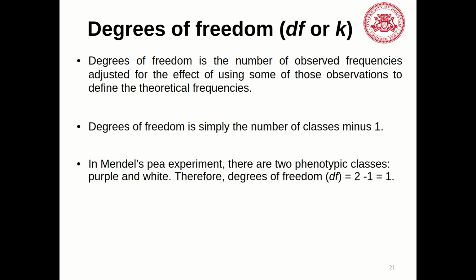So your degrees of freedom depend on the number of types you have, maybe homozygous and heterozygous, or if those each have a different phenotype, or if you're talking genotype, it could be homozygous dominant, heterozygous, and homozygous recessive as your 3 types. So you might have as many as 3, minus 1 would be 2 degrees of freedom, or you might have 2 in this case, minus 1, and that's 1 degree of freedom.